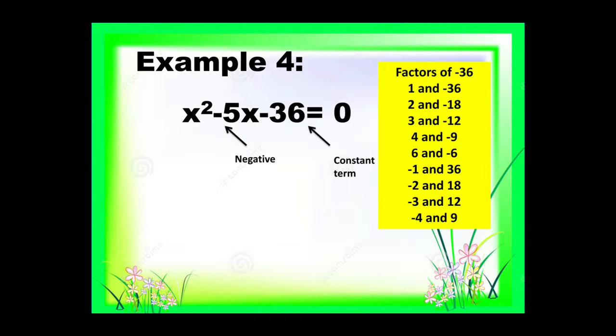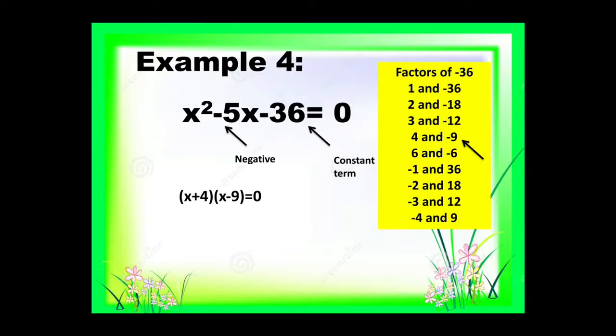Therefore, among these factors, we are going to think of two numbers. When we subtract, the answer is negative 5. And we have 4 and negative 9. 4 plus negative 9 is equal to negative 5, and 4 times negative 9 is equal to negative 36.